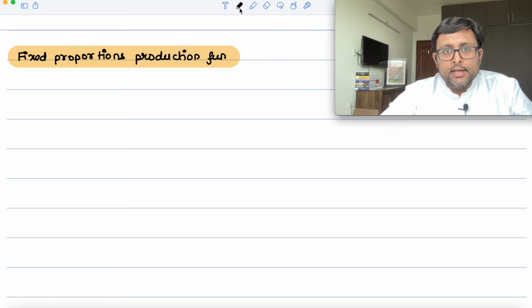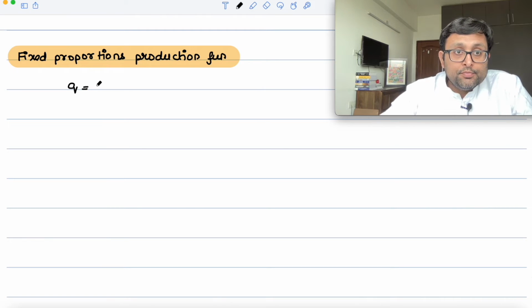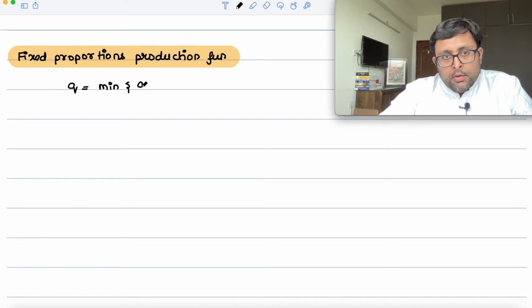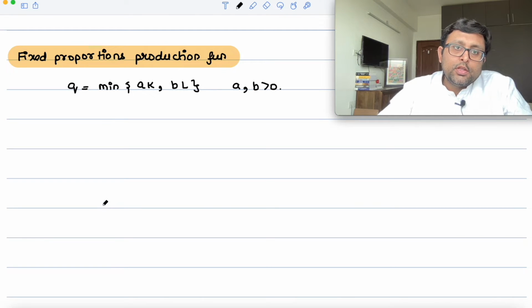So you have a function like, let's say, Q is equal to min of AK, BL. A and B are both greater than 0. So this is what the production function looks like, right?